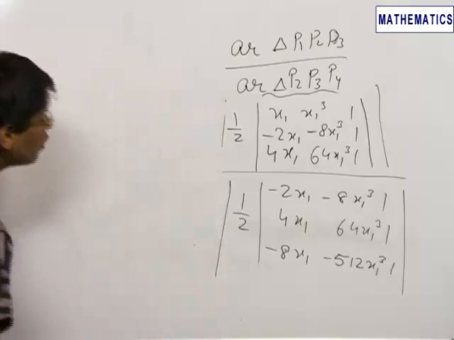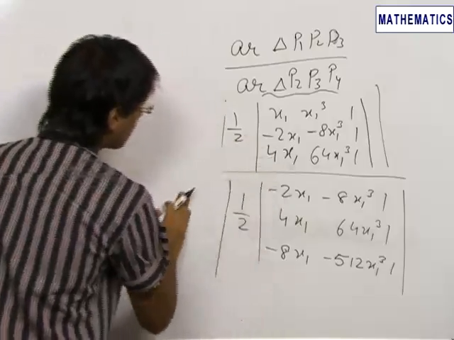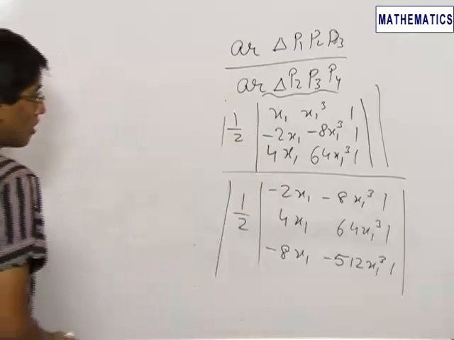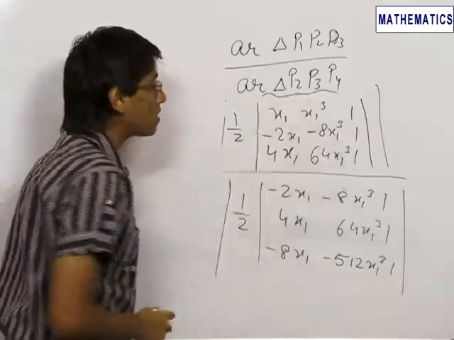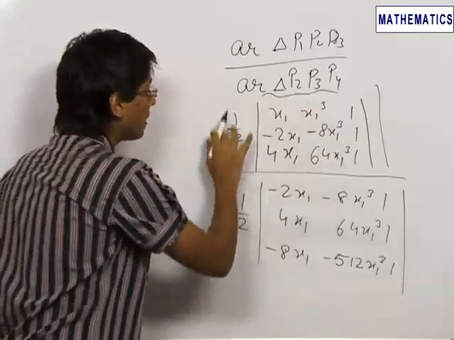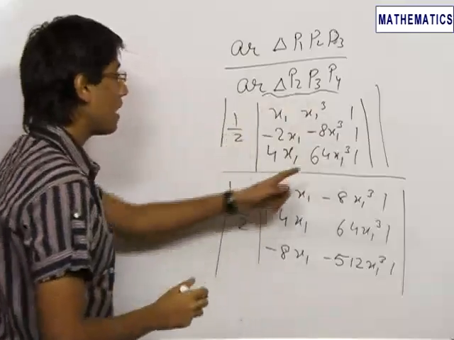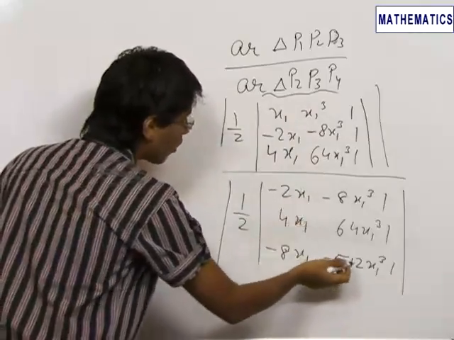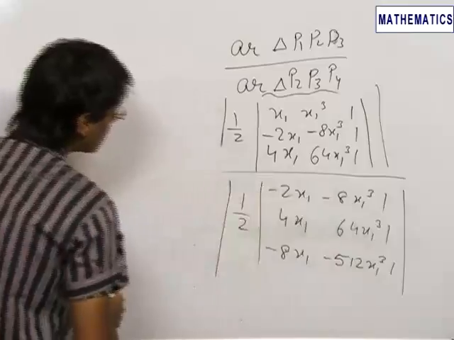Hence, now we don't need to expand the whole determinant. What we can do is, we can take x1 common from the first column, x1 cube common from the second column. So, x1 power 4 will come as common out of the determinant, and similarly x1 power 4 will also come out as common from this determinant.